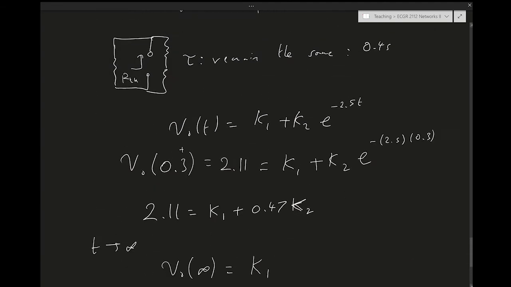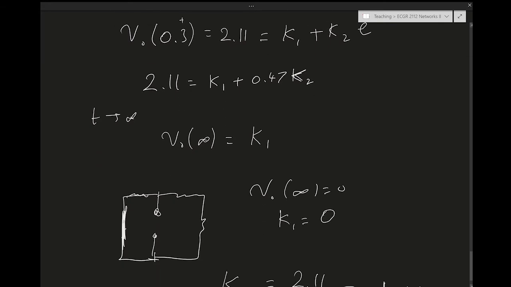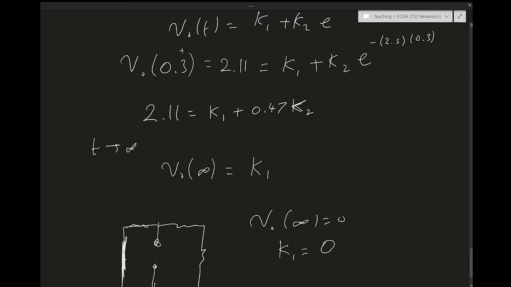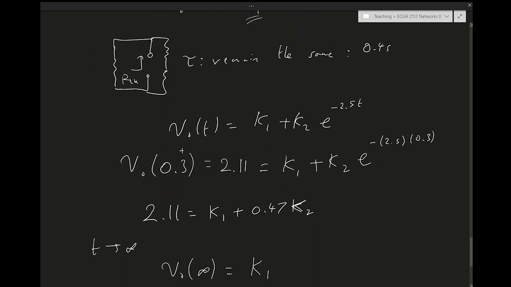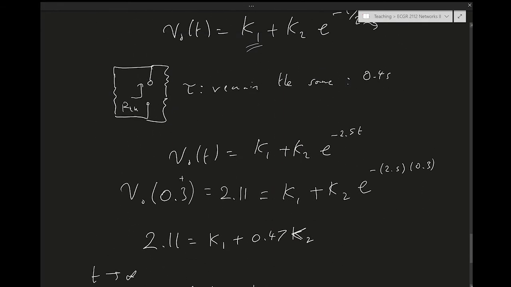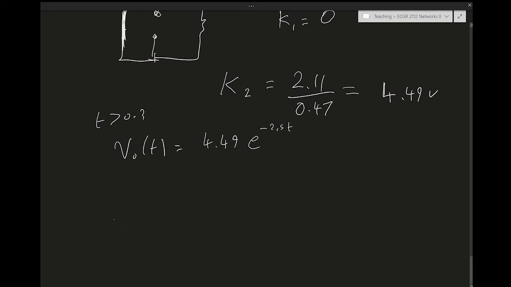So that tells me now the form of the equation. We already found that K1 is going to be 0, right? And K2 is going to be 4.49. So we end up with VOT for t larger than 0.3 being 4.49 e to the minus 2.5t. Okay, so VOT is going to be this equation.